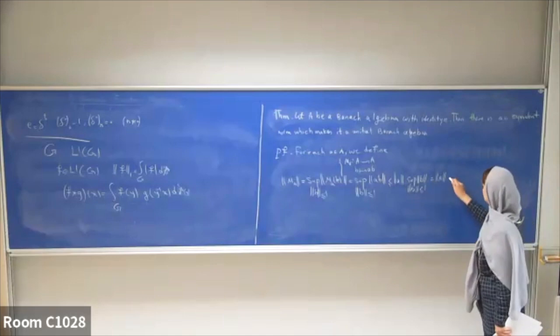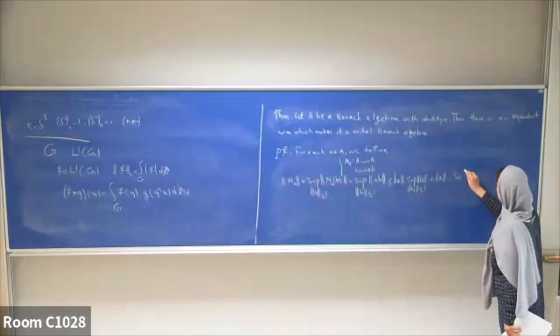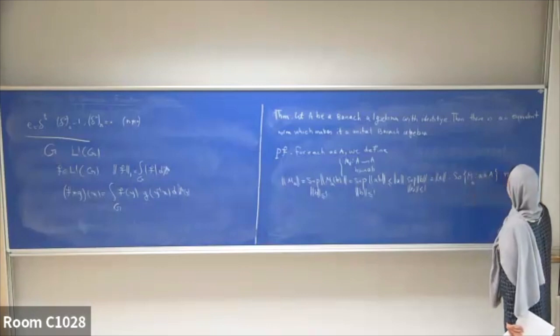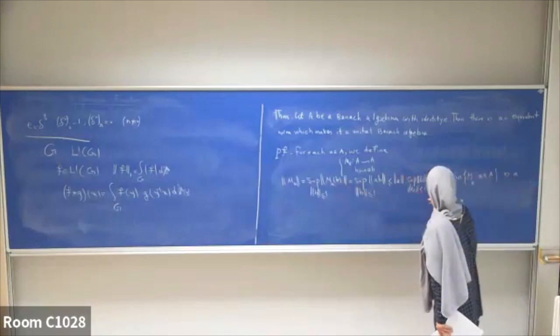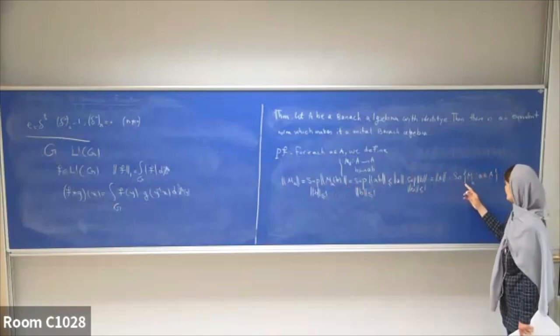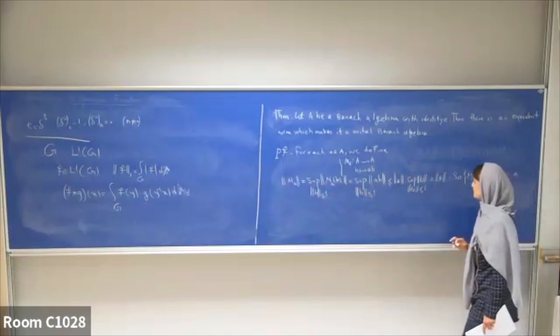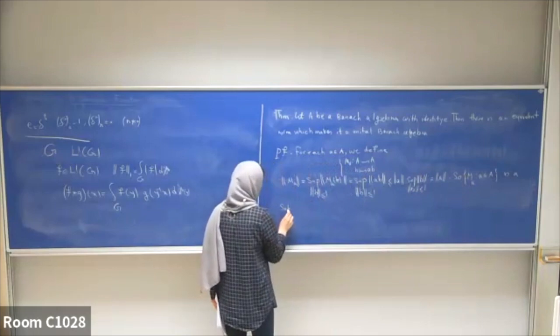So the set of M of A, for A in the algebra, each element here is in B of A, and exactly the set of these left multiplication operators is a subalgebra of B of A. Example 5, I think.